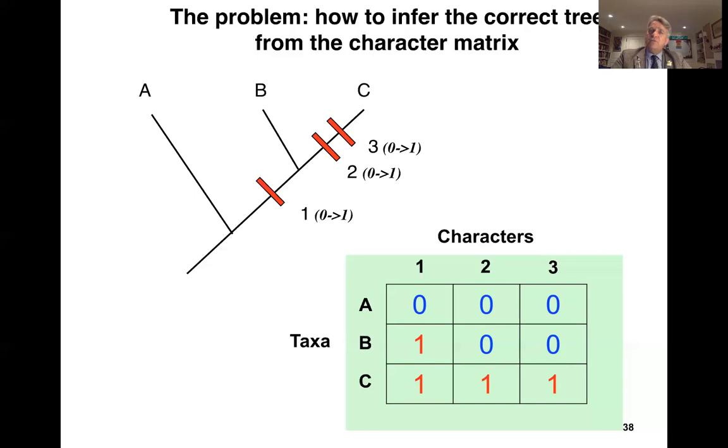So the way we figure this out is by physically mapping these character state changes onto our differing trees. The differing trees are the alternative hypotheses, all right? Different phylogenies are alternative hypotheses, and we're looking for the hypothesis that best explains the data. And using parsimony, that is the tree that requires the fewest number of character state changes.